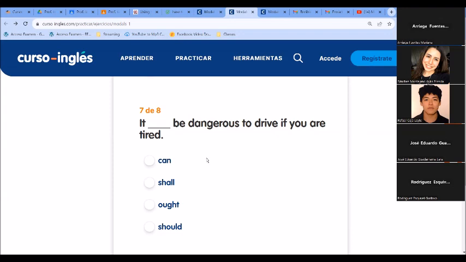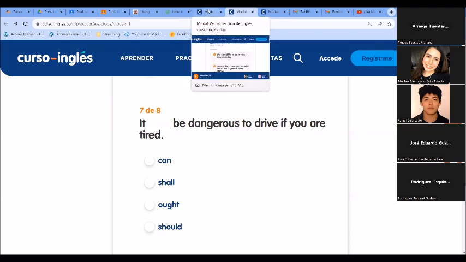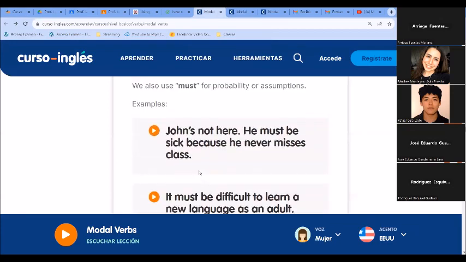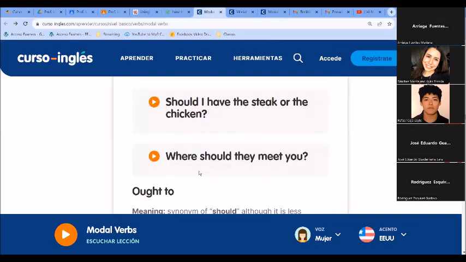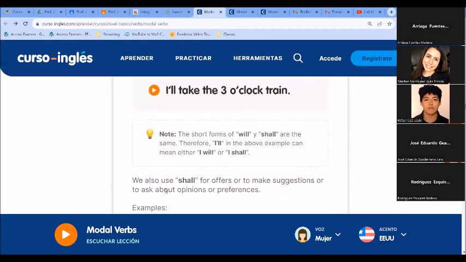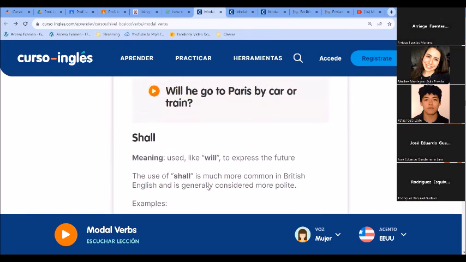Shall is like will, right? When we're looking at shall, we say shall is very similar to another one, right? We use it to offer and make suggestions, ask about opinions, and it behaves like will to express the future.